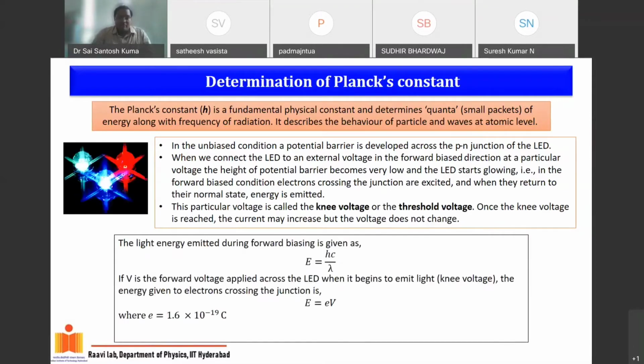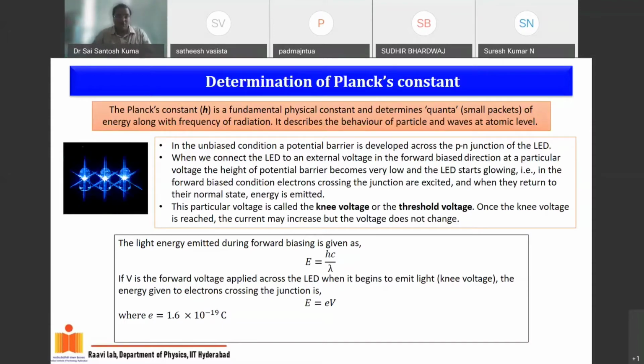Okay. Now, some little bit of theory. The energy of the light emitted using forward bias is given by E equal to hc by lambda. Okay. Here I have shown you some colors. So each color will represent a certain wavelength. If V is the forward voltage applied across the LED when it begins to emit light, that's the knee voltage, that is the energy given to the electrons to cross the junction. So you provide sufficient energy to the electrons to cross the barrier.